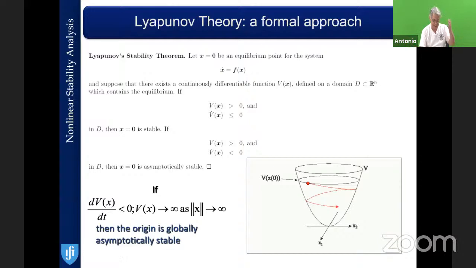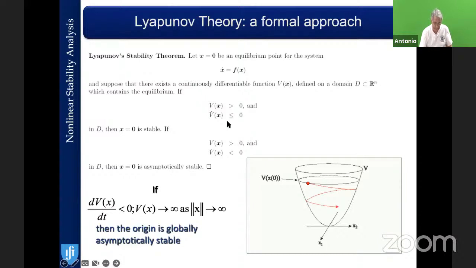So when you do these things mathematically, there are ways of writing. Let x be an equilibrium point for the system. We know what this means now. And suppose there exists a continuously differentiable function V such that it is positive definite and the derivative is less than or equal to 0. This is not what I told you about. In those examples, I showed that the derivative is less than 0.